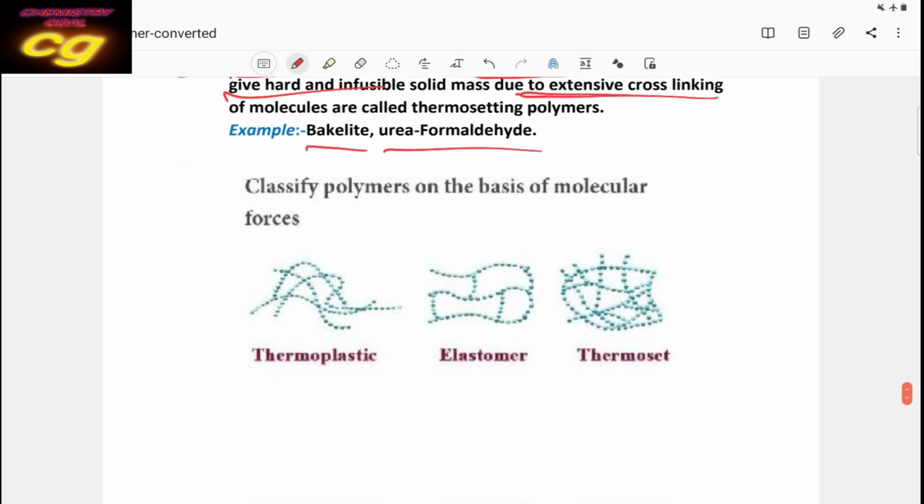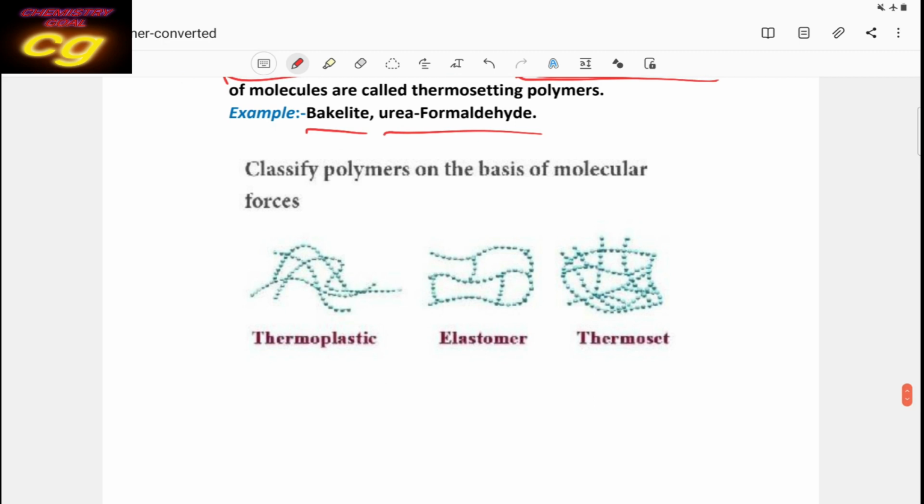Then on the basis of structure, what are the structural differences? You see, these are thermoplastic polymers. Thermoplastic means the chains are just lying one by one. There is no interaction, only weak van der Waals force. Van der Waals force is responsible in the case of thermoplastic. But in the case of fiber, the force is hydrogen bonding or dipole force, so the chains are linked to one another.